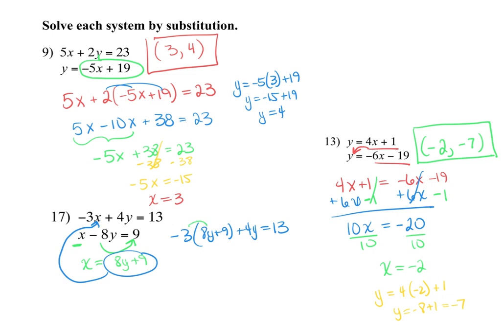So this looks just like 9 once you get one of the variables by itself. So once you get a variable by itself, you're basically doing the same exact thing that you did before. Combine your like terms, move it over, solve. All right, and so you can have any of the above really.